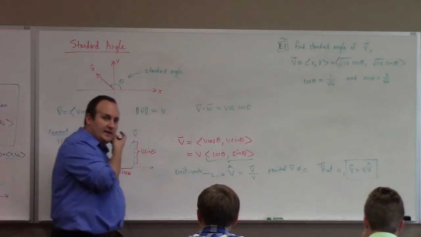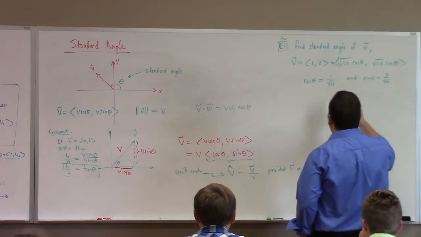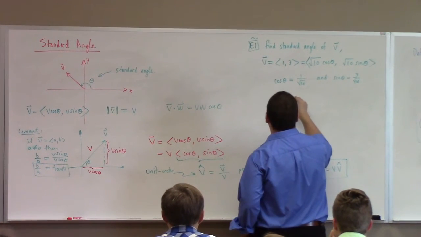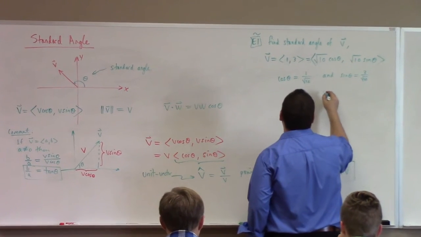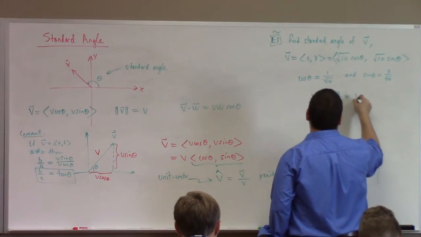The ratio of the y component to the x component should be the tangent of the angle. So you could also look at it that way. Tangent theta here has to be 3 over 1, also known as 3.